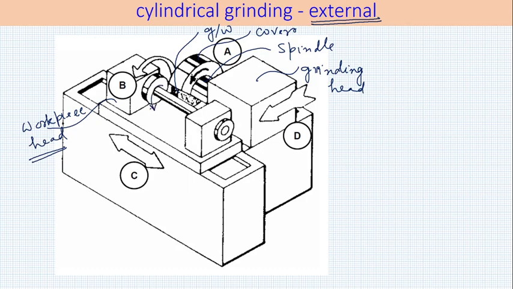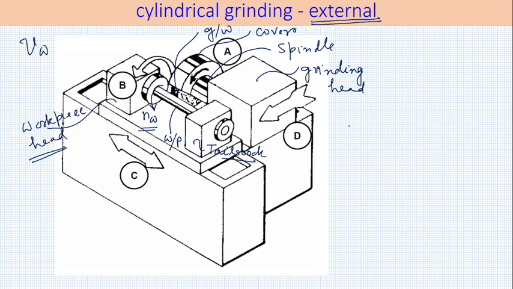In the previous case, when we were doing surface grinding, the workpiece was mounted on the table, which was reciprocating, so you were getting VW. Here we achieve VW by rotation of the work speed, and that is given by the work head or workpiece head. Now this job, this is the workpiece, is mounted between something similar to a tailstock and the work head, and typically it is mounted between centers.